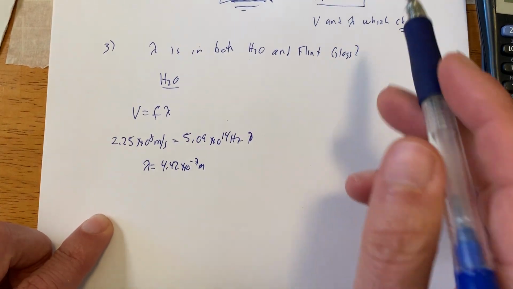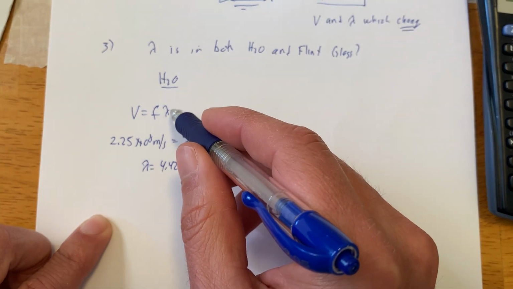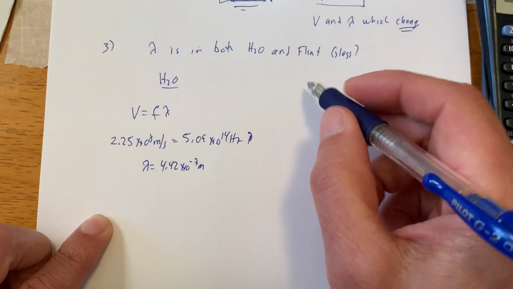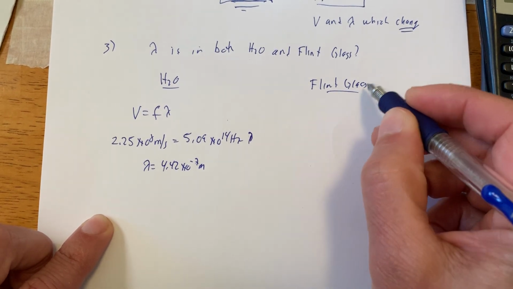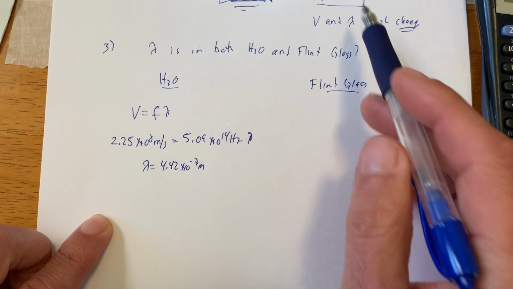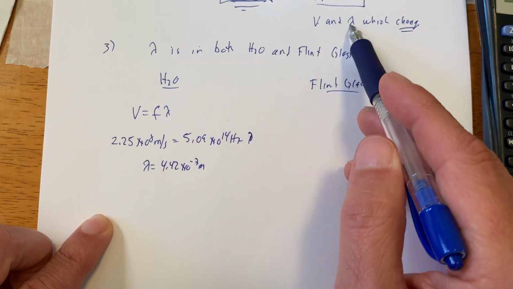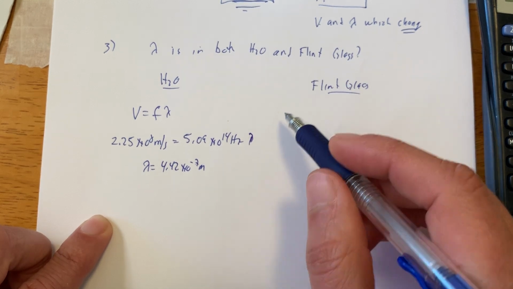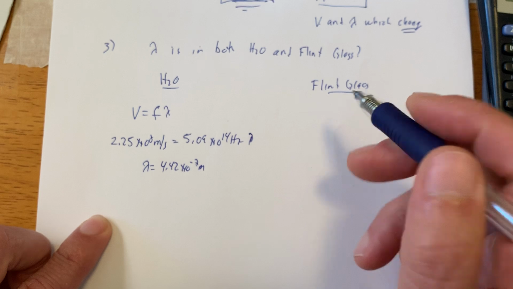Okay, so what are your expectations about the wavelength of light when it goes into my flint glass? Well, since the frequency never changes, and these two are directly related, I'm expecting my speed to decrease. I'm also expecting my wavelength to decrease.